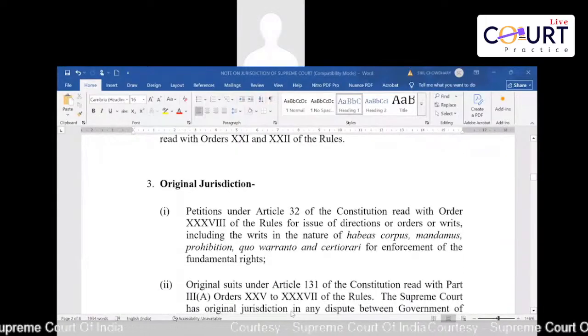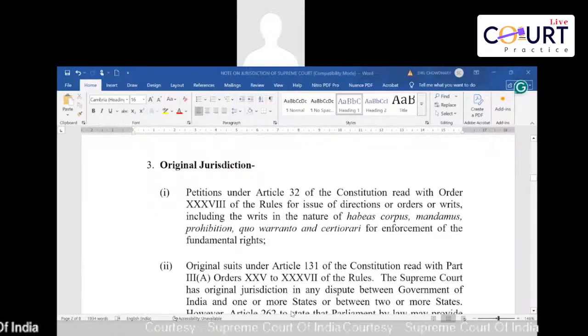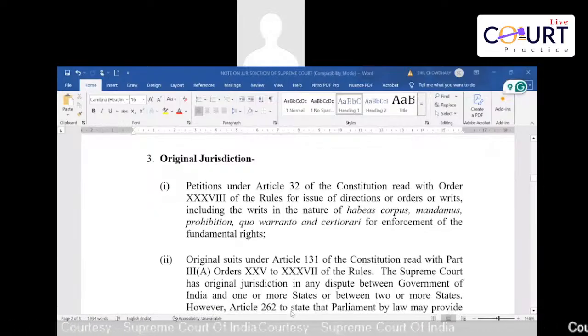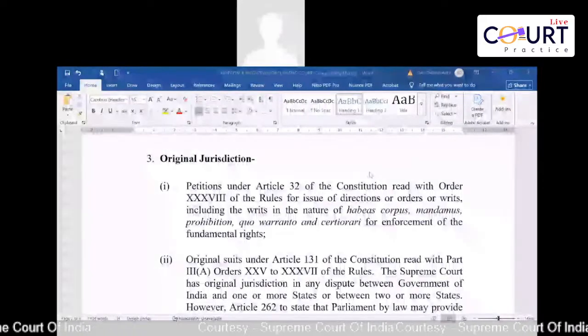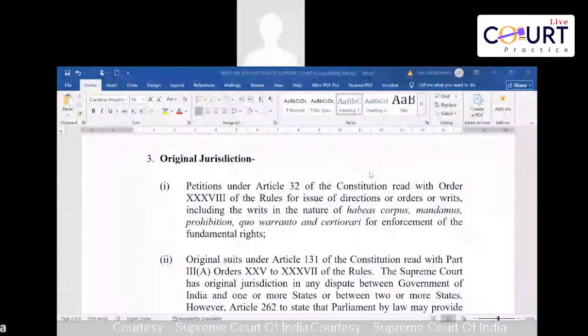Now let us see what is the original jurisdiction. As we all know, petitions are filed under Article 32 of the Constitution, read with Order 38 of the Rules, for issue of directions, orders or writs, including writs in the nature of habeas corpus, mandamus, prohibition, quo warranto, and certiorari.